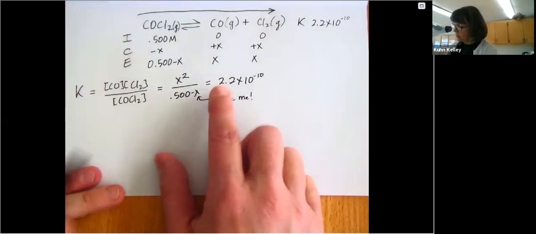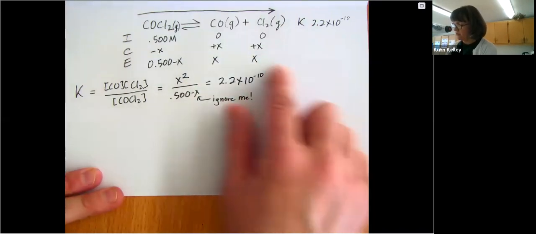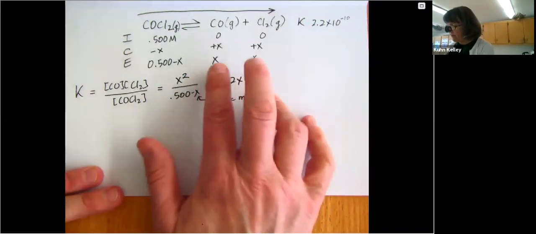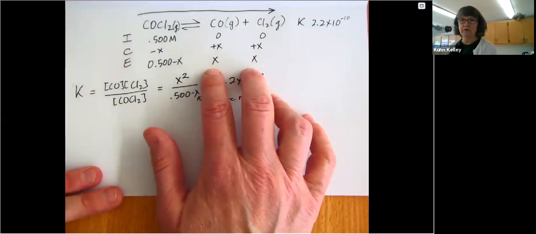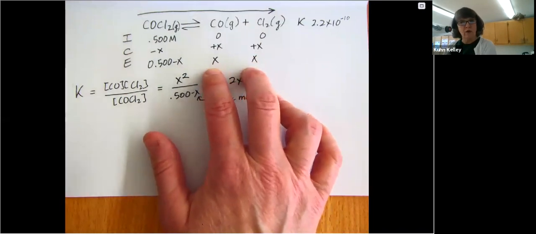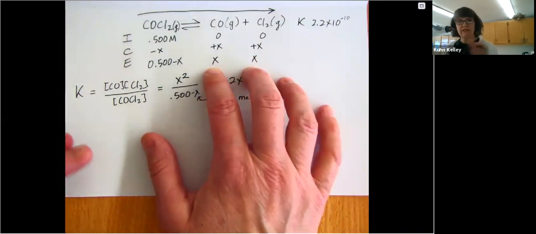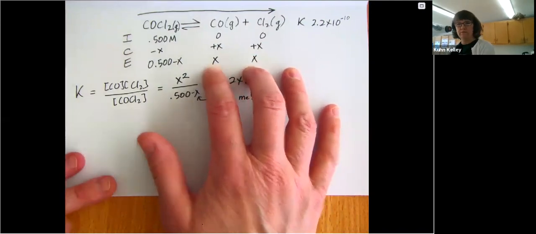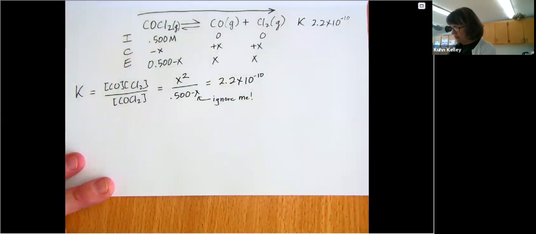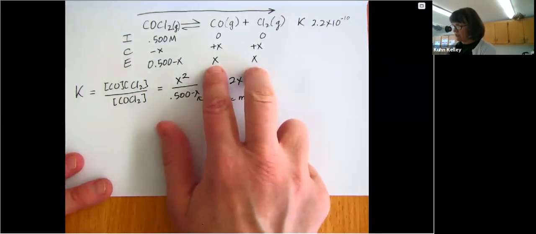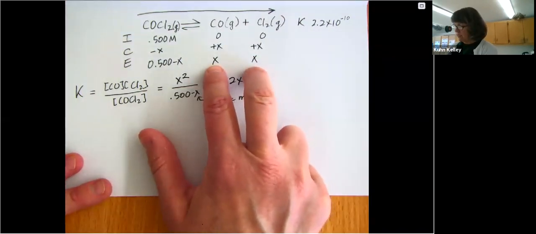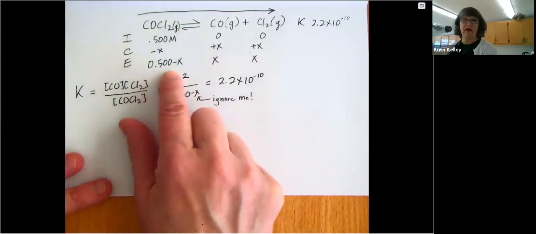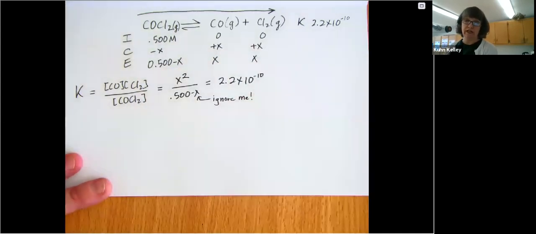Well, because our equilibrium constant is so tiny, we're going to make very little of our products. Remember that a very small equilibrium means it stays on the reactant side, and a very large equilibrium means it mostly moves to the product side. So this X value is going to be itty bitty. And compared to my 0.5, it should be almost negligible.